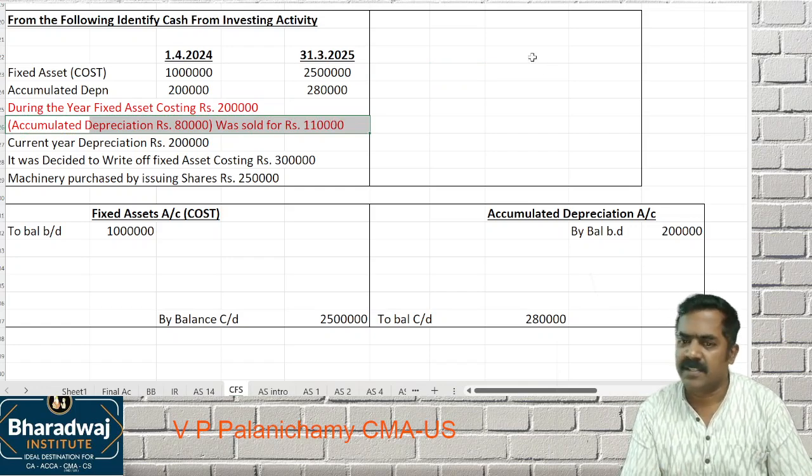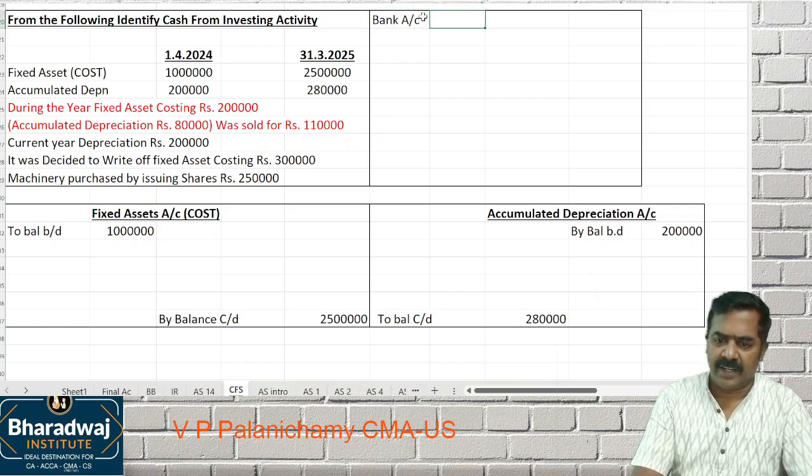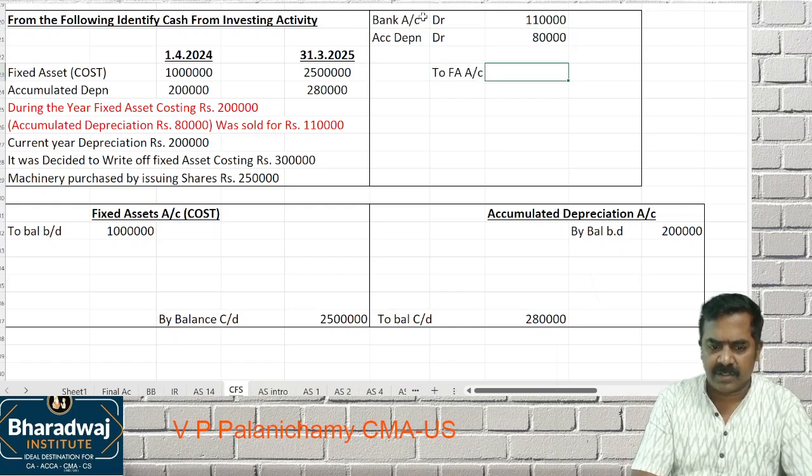If there's a doubt, pass a journal entry. Bank account debit, it is sold for how much? 1,10,000. Accumulated depreciation account debit, how much? 80,000. To fixed asset account, it is maintained at cost. How much? 2 lakhs.